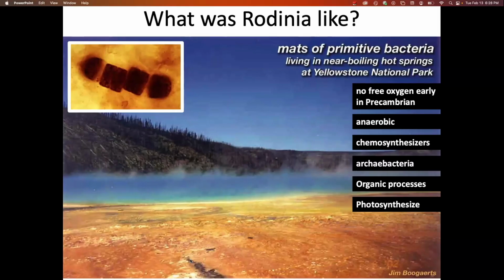We do have fossils, however, that actually predate the formation of Rodinia. If we go to Western Australia, we can see those fossils, and that's a microscopic image of the first prokaryotic algae from Western Australia, thought to be cyanobacteria from this region.